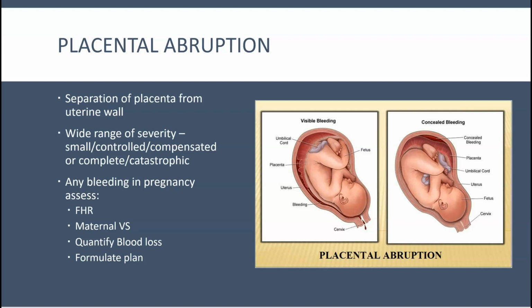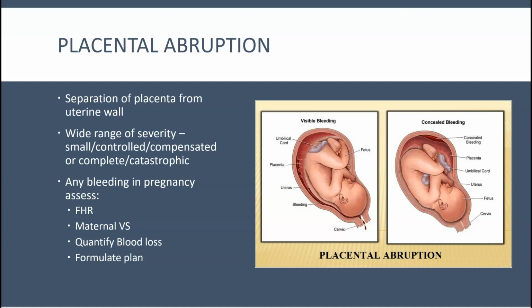We can have a very small abruption that is more chronic in nature, doesn't hugely affect mom and baby. We have this bleeding, we monitor really closely, but we can maintain the pregnancy for a while longer, all the way to catastrophic, complete abruption of the whole placenta, which essentially completely stops blood flow to baby, which is an absolute medical emergency. So any bleeding in pregnancy is not to be assumed normal.